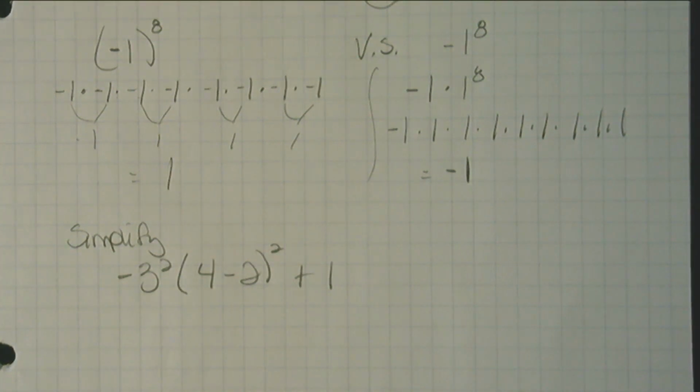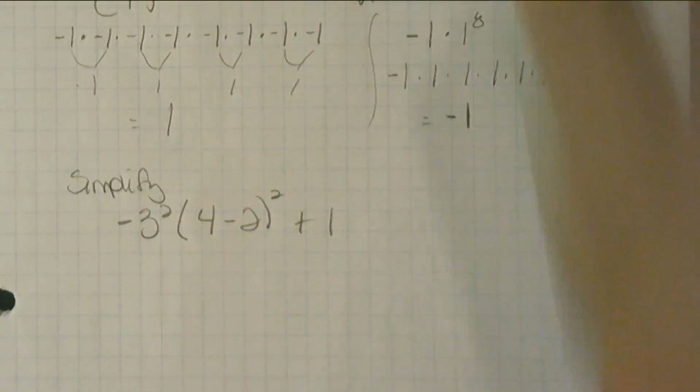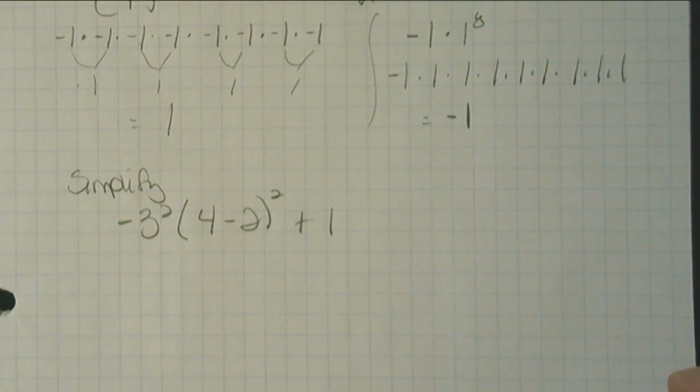So we always simplify inside the parentheses first. So what does simplify inside the parentheses mean here? What does simplify inside the parentheses mean on this one? Here?